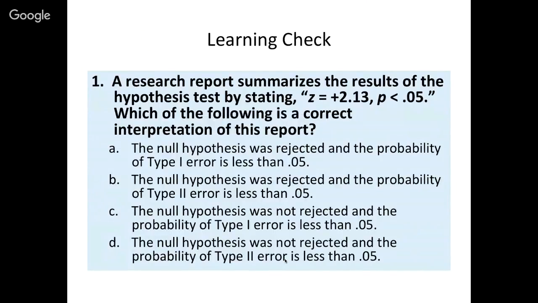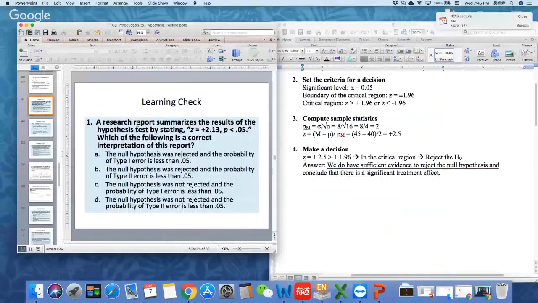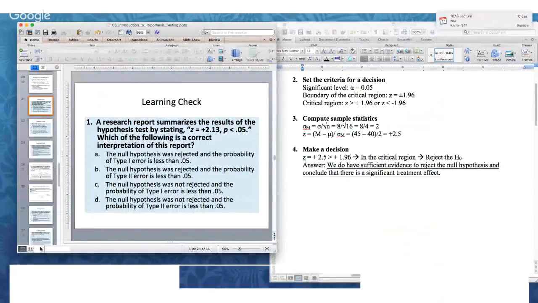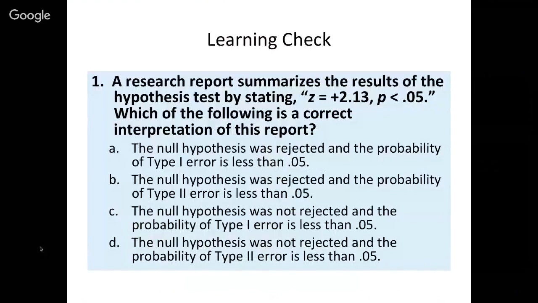Let's do some learning checks. A researcher reports a summary of the result of the hypothesis testing by stating Z equals positive 2.13 with p smaller than 0.05. Which of the following is a correct interpretation of this report? Here we are asking about our decision and probability of errors.